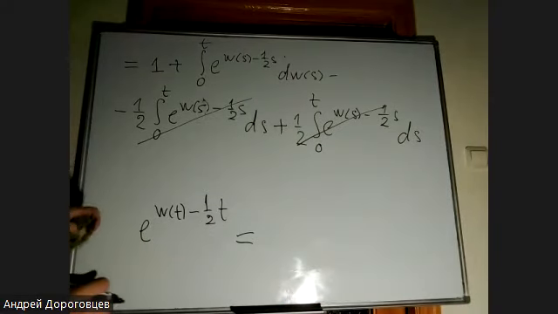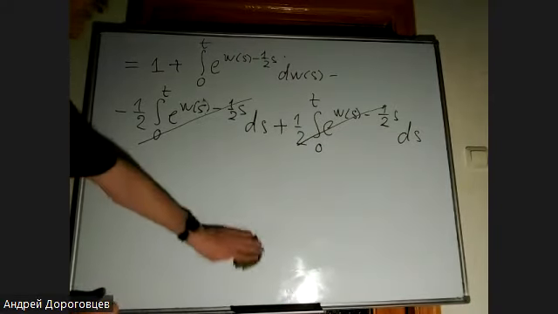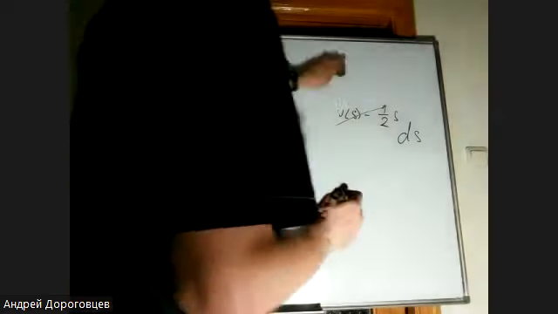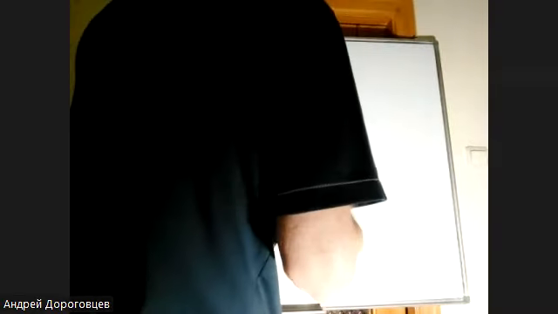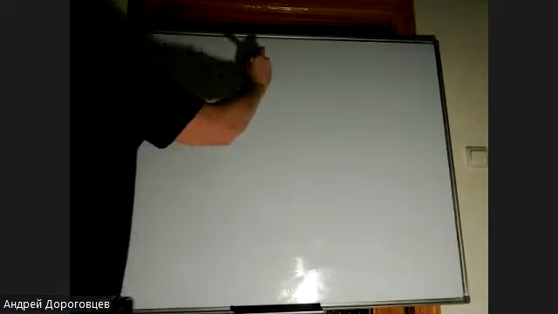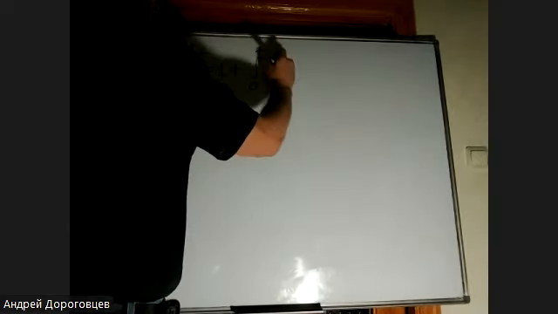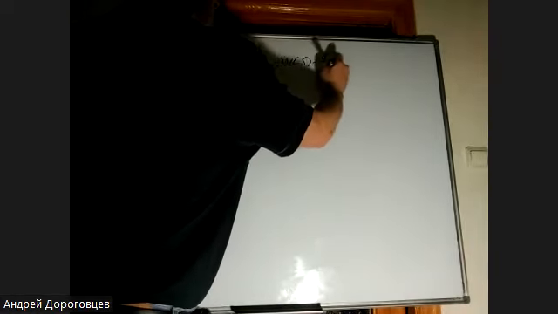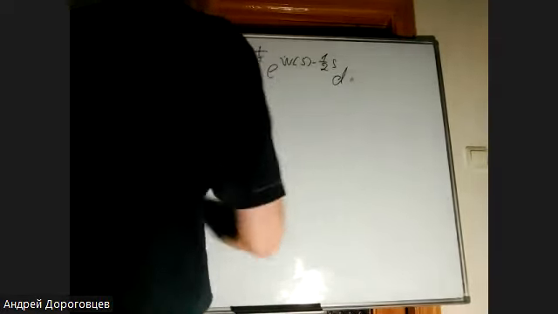And you see that these two terms cancel. Finally, one can get the following relationship: our stochastic exponent is equal to 1 plus the integral from 0 to t of e to the W_s minus 1/2 s, dW_s.